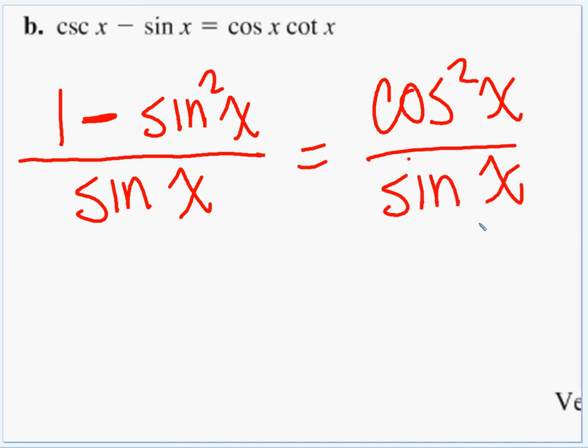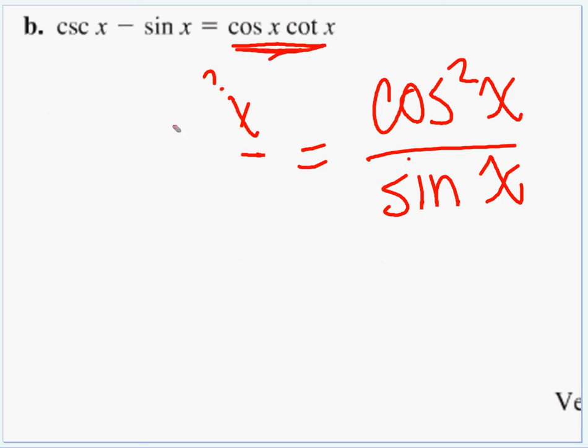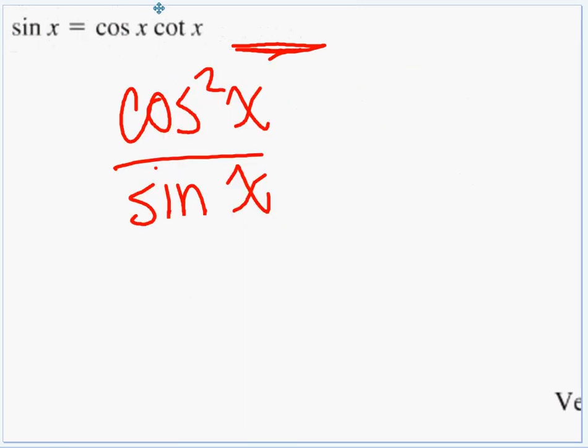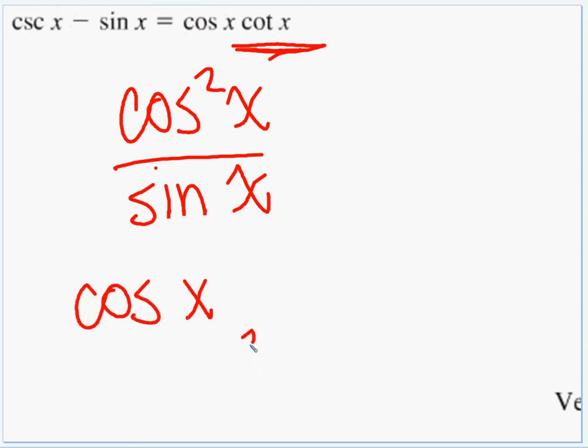Okay, here's where we're at, and look at our finish line. My advice for something like this, especially when the numerator is a square, denominator's first, or if that was reversed, I just say pull it apart into its component pieces. So the cos squared in the numerator, we could break that up into a cos times a cos.